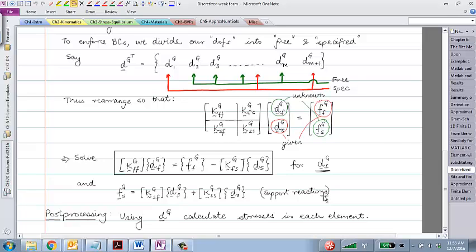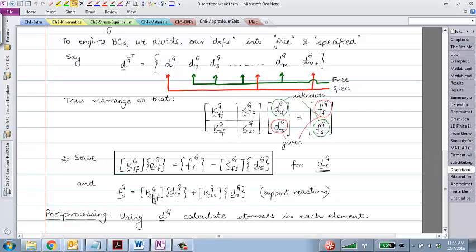So this procedure of solving a finite element system of equations that you get after substituting your approximation is exactly the same as what we had for the previous approach for the finite element that I discussed last time. For those of you who took 474 with me, you've probably seen this before, or in any structural analysis course that you might have taken, you should have seen this way to enforce free and specified degrees of freedom.